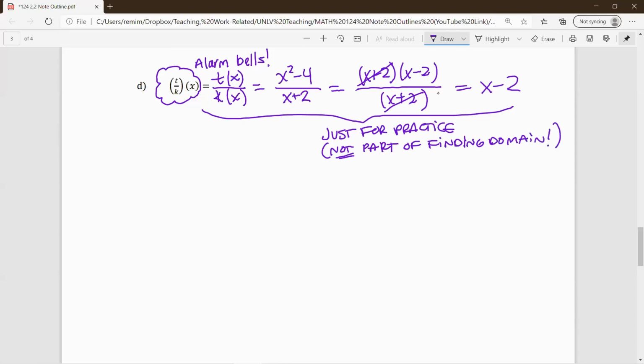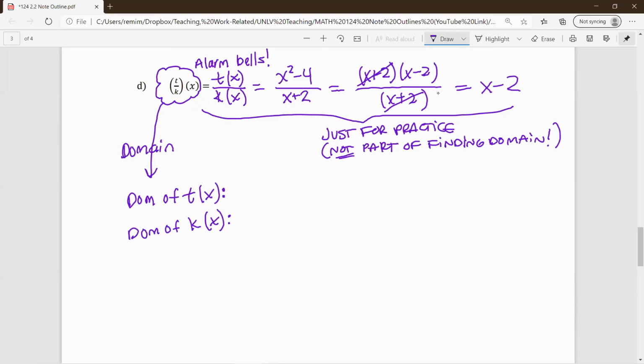So I'm going to come back to that in a few minutes, but let's go and actually do what we're supposed to be doing here, which is finding the domain of this. So we're going to start off the same. We're going to find the domain of t of x, and we're going to find the domain of k of x. But we already did that on the previous page, so just go look back.